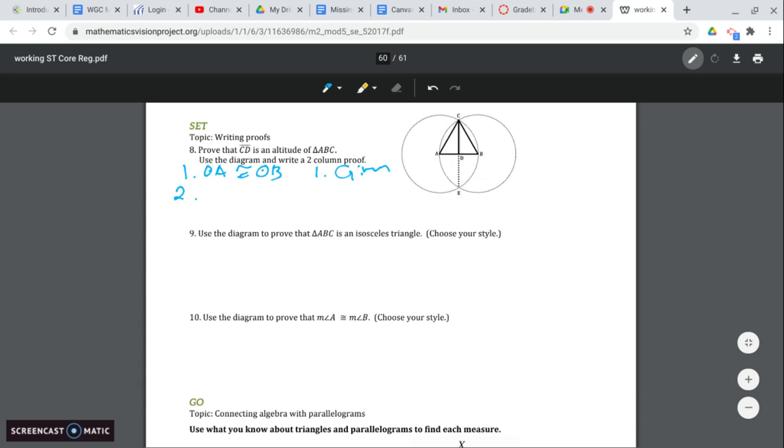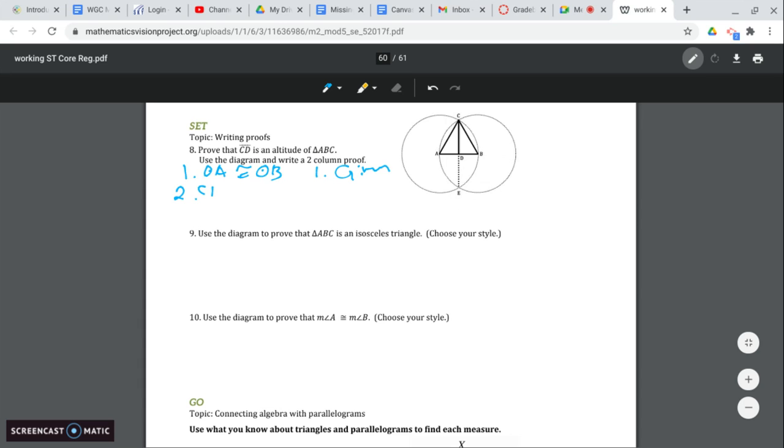Part 2. So we're trying to show that CD is the altitude of ABC. If we look at CE, the full line, CE is a line of reflection. If we folded this in half, it'd be perfect.